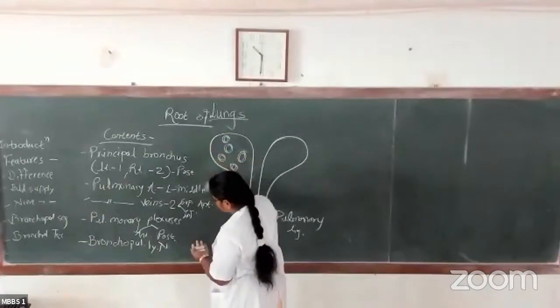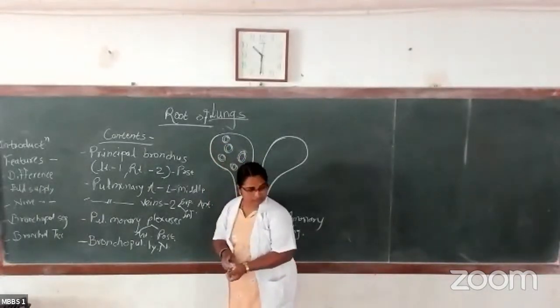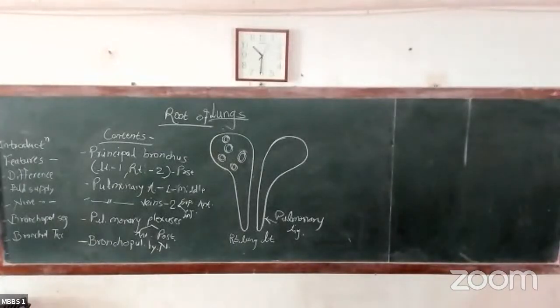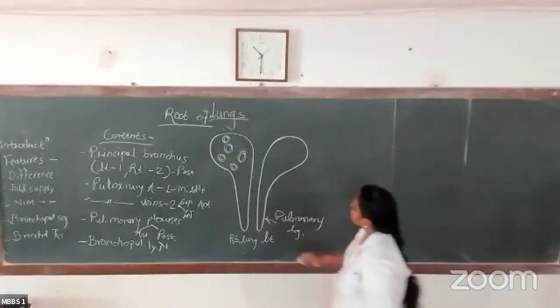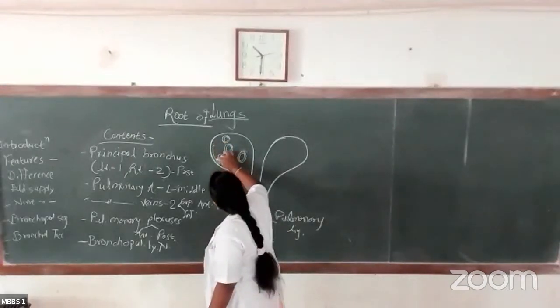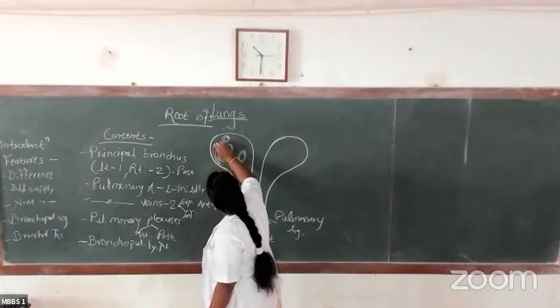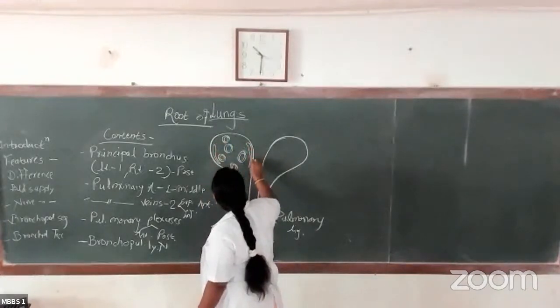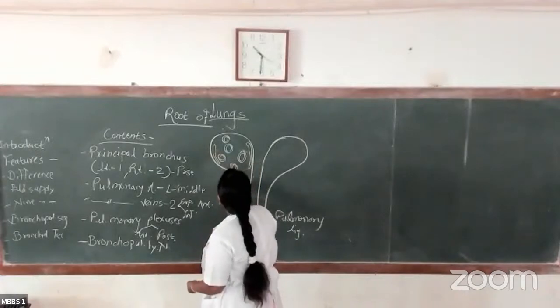Now here, this is the anterior pulmonary plexus of nerve, and here this is the posterior pulmonary plexus of nerve.